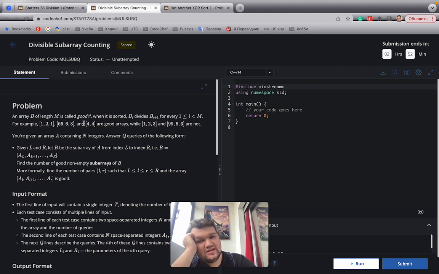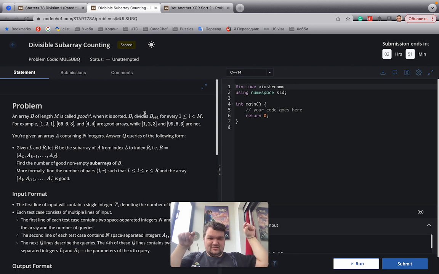Okay. When sorted, but that just means that for every two numbers, the bigger is divisible by smaller, right? When they're sorted, they will be on some positions, and this one is divisible by this one, which is divisible by the next one, and so on.